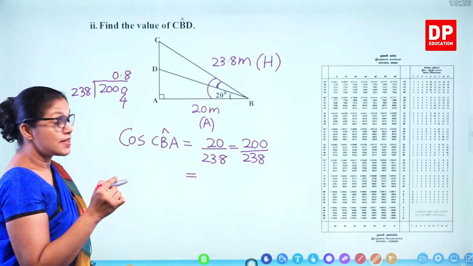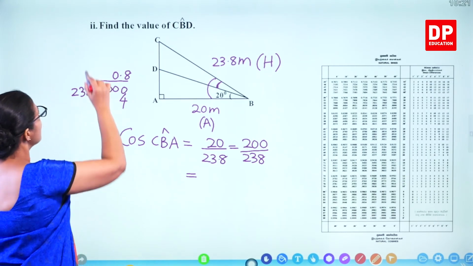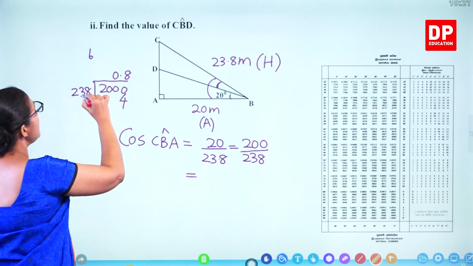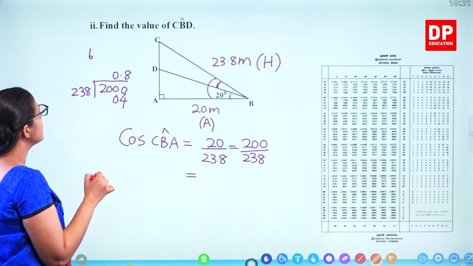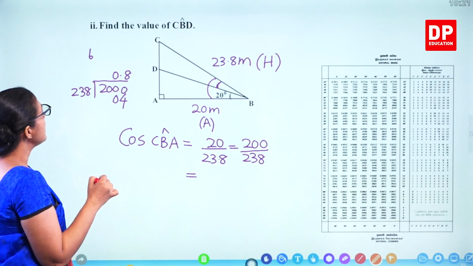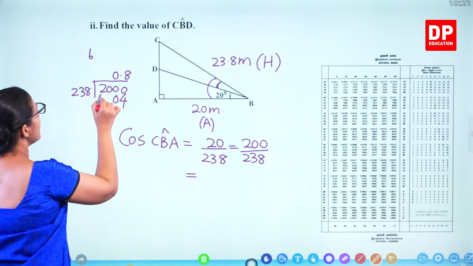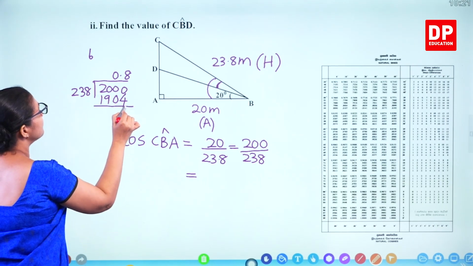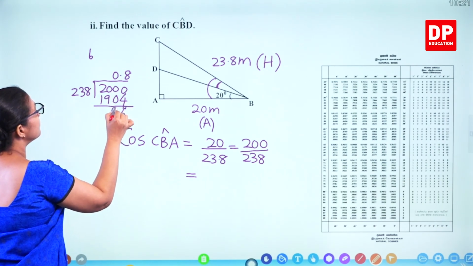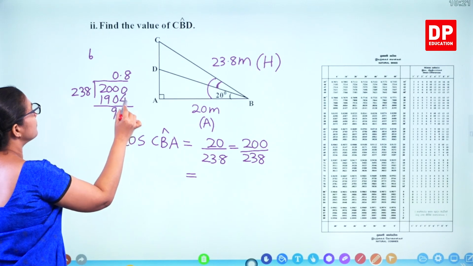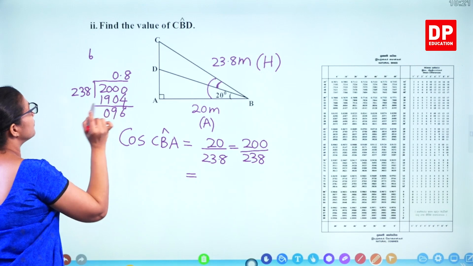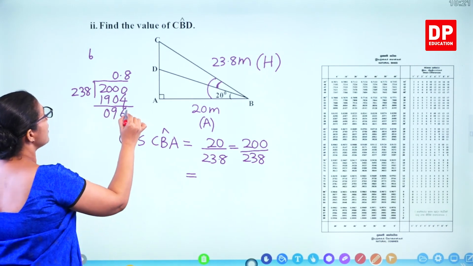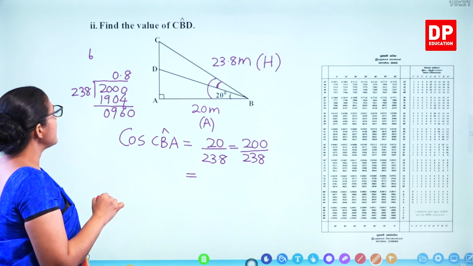8 times 8, 64. 6 remaining. 8 times 3, 24 plus 6, 30. 3 remaining. 8 times 2, 16 plus 3, 19. So 96 for 960.